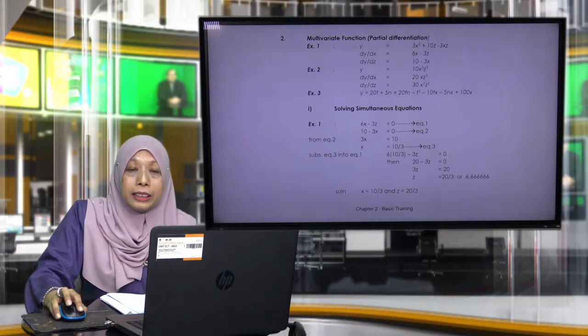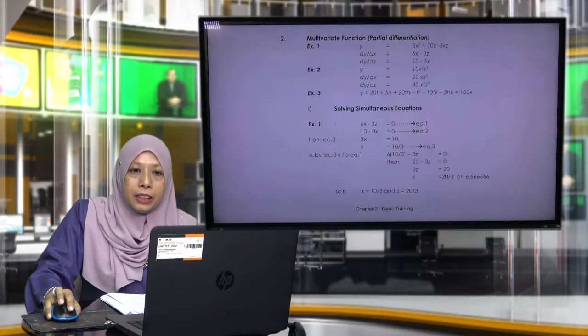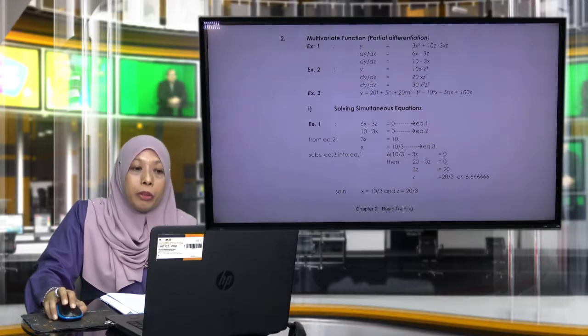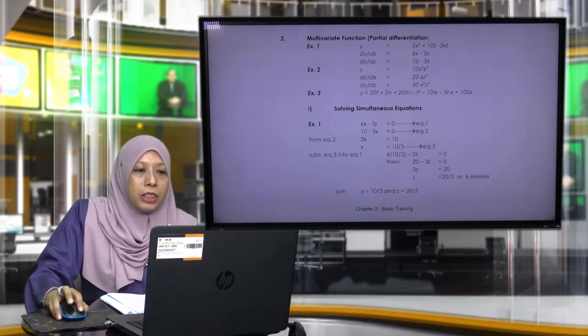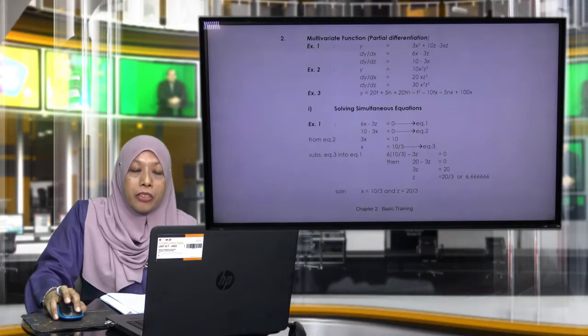I know that this is a little bit difficult, but just to make sure that you can get hold of this concept, let us try another example. I have another multivariate function: y equals 80x minus 2x squared minus x times v minus 3v squared plus 100v.